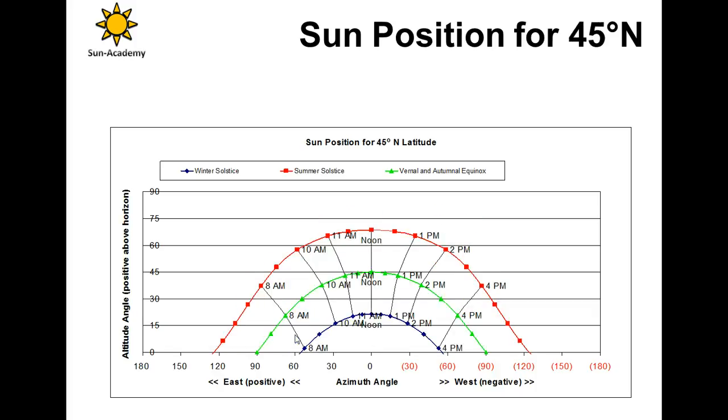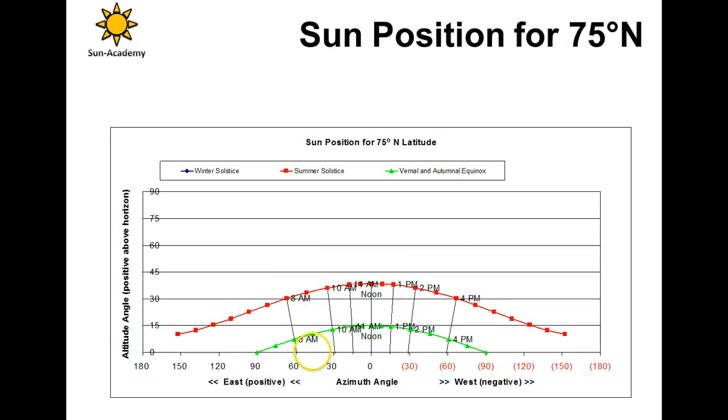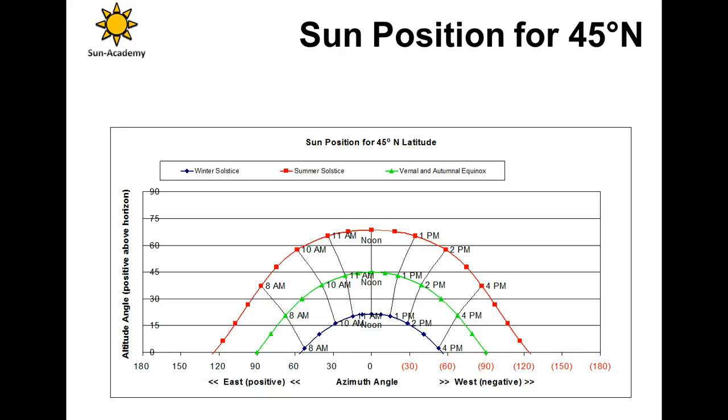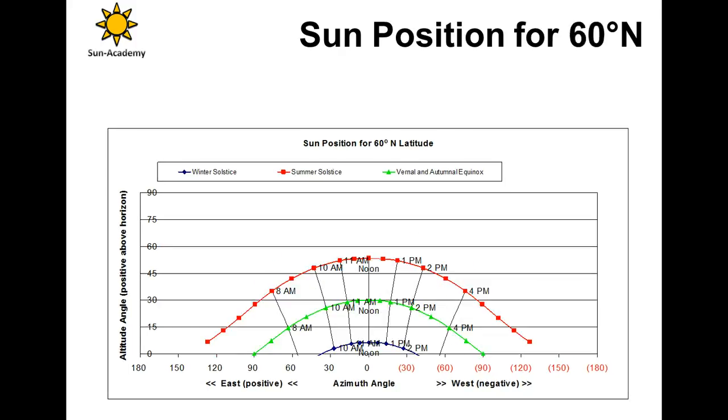At 45 degrees north, for the same winter solstice at 8 a.m., the sun is at an altitude of 3 degrees and the azimuth angle is approximately 55 degrees. At 60 degrees north on the winter solstice, the sun does not rise above the horizon until 9:30.